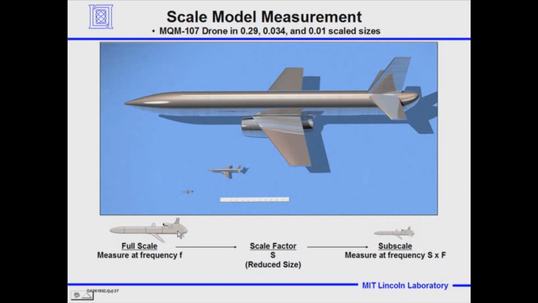If you're at full scale and you want to make a measurement at frequency f, and you scale down the size of your model by a factor S, in this case about a 30th, then in the subscale you make those measurements at a frequency S times the frequency you want to know the data for. And then you've got the right frequency.